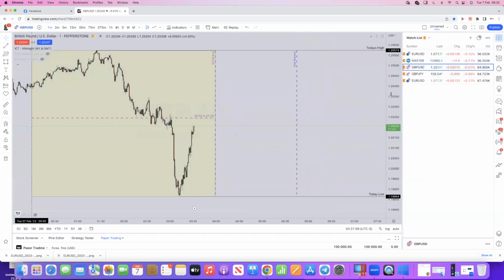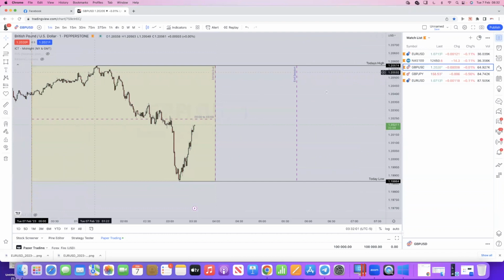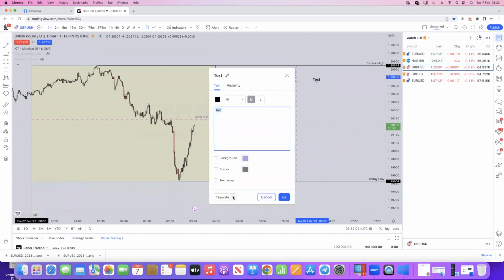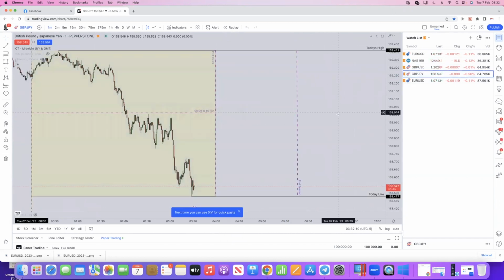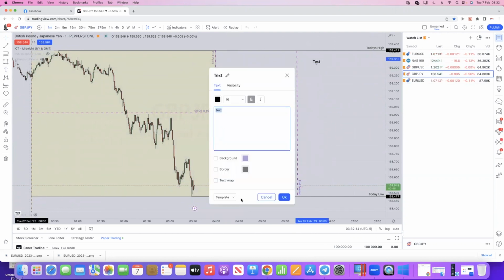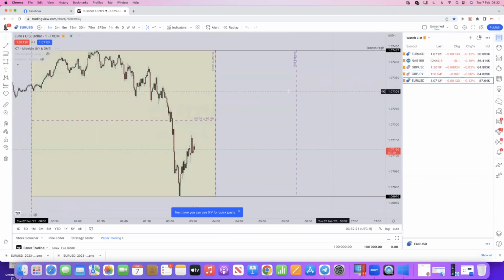We've got the GBP USD set up again. Let's just put our mechanical trade plan in there. GBP JPY, let's just put our reminder in here. And then last but not least, we've got the Euro USD.